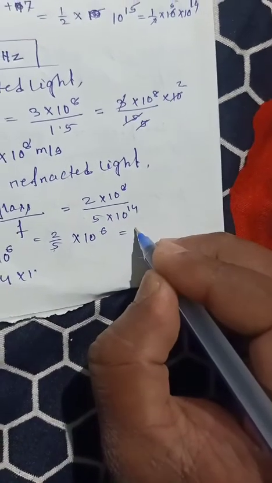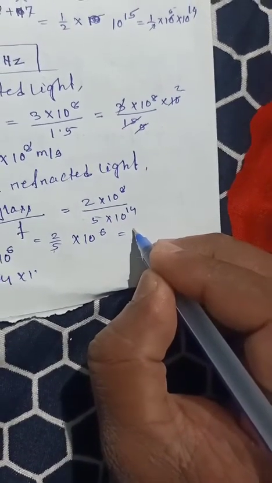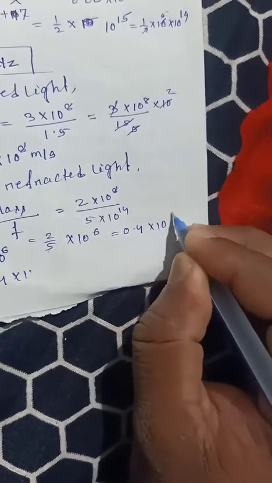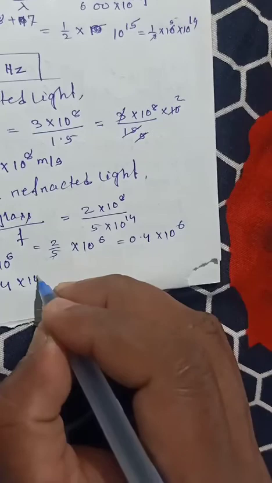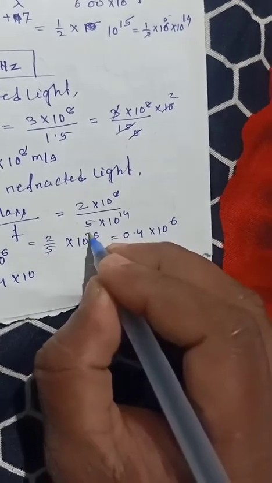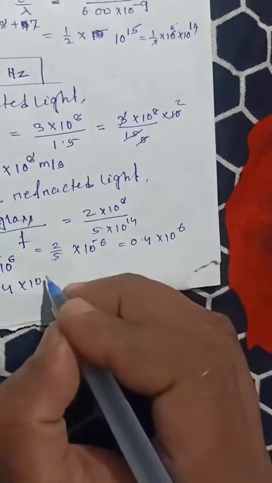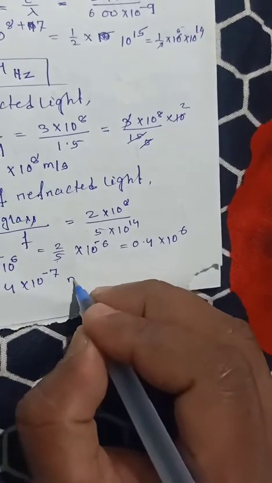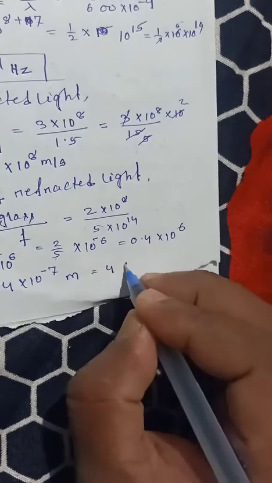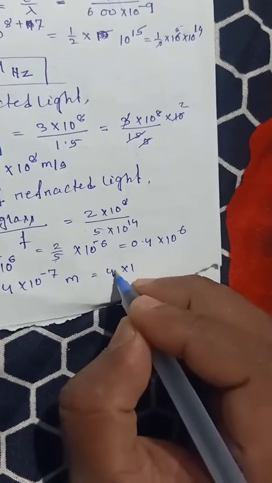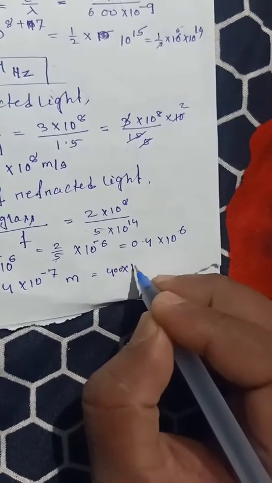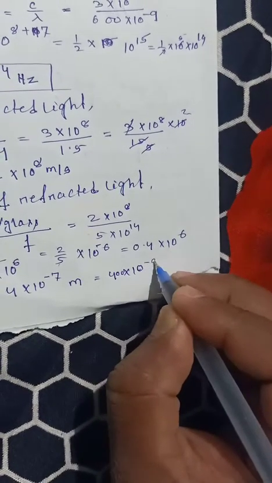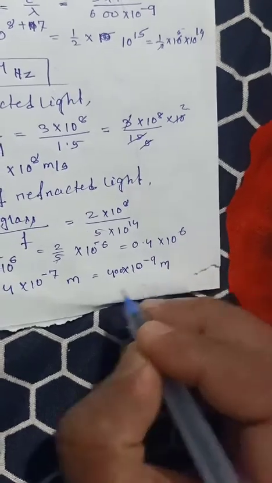2.5 means how much? 2.5 means 0.4 into 10 to the power 6, that means 10 to the power minus 7 meter, that is 4 into 10 to the power minus 7, that is 400 into 10 to the power minus 9 meter.